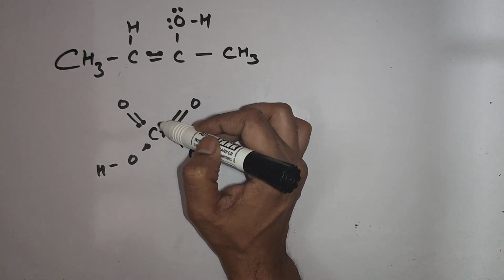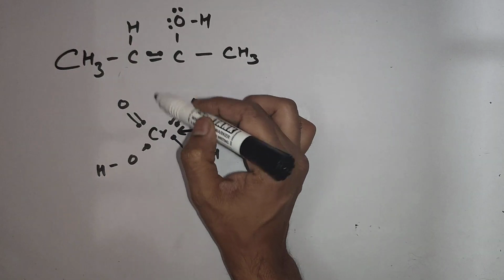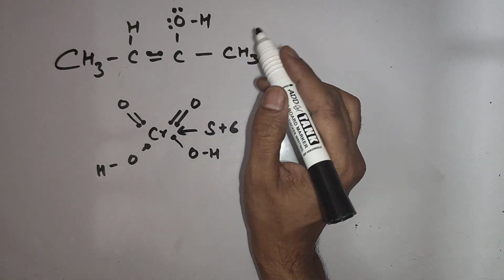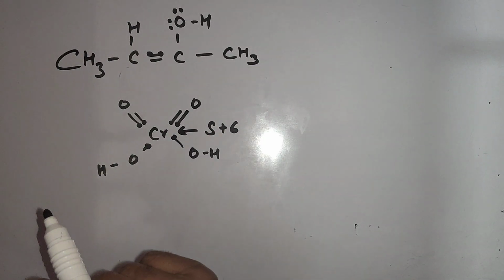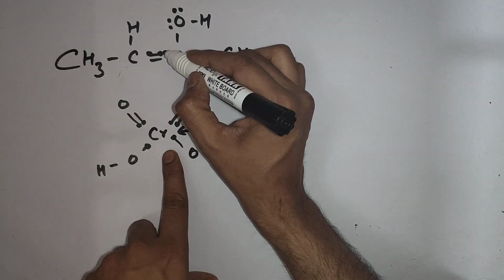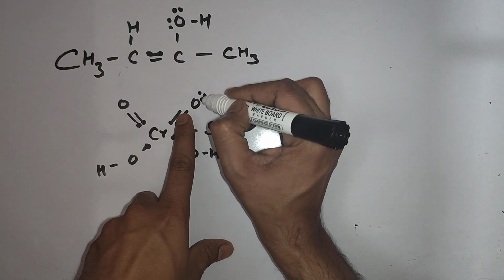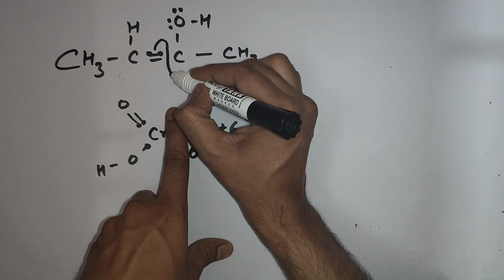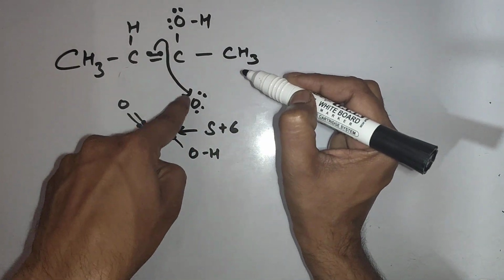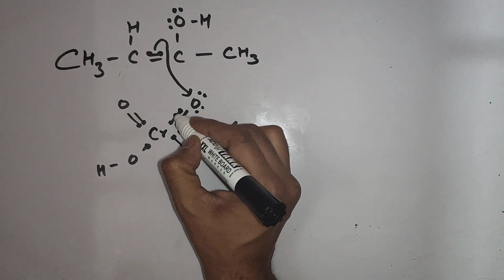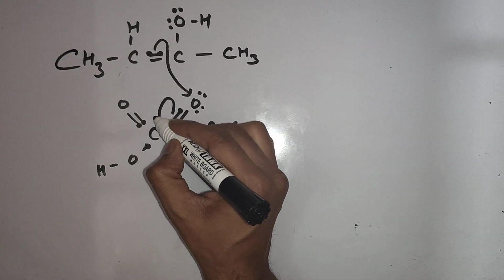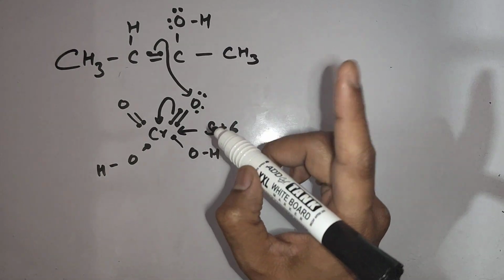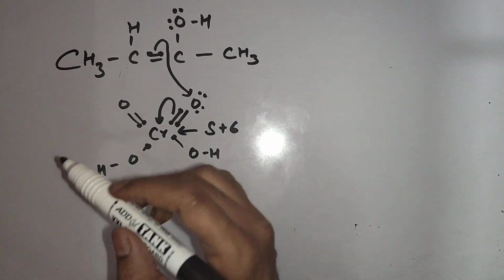But can it directly gain this pi electron? No. Same as the KMnO4 case. First, this oxygen comes near this carbon, so these pi electrons will shift toward the oxygen side, due to which these pi electrons will be further pushed toward chromium. Indirectly, it is getting electrons.